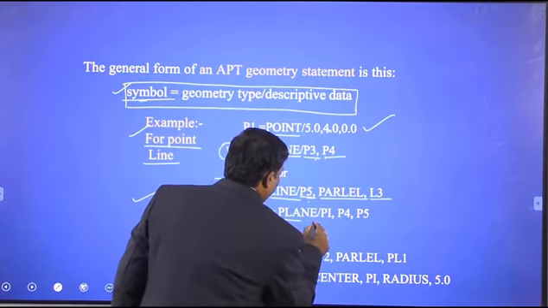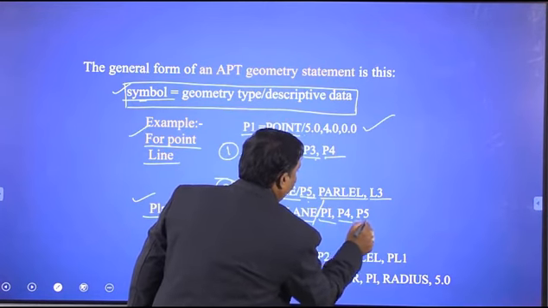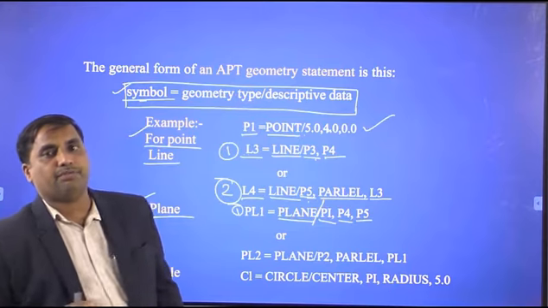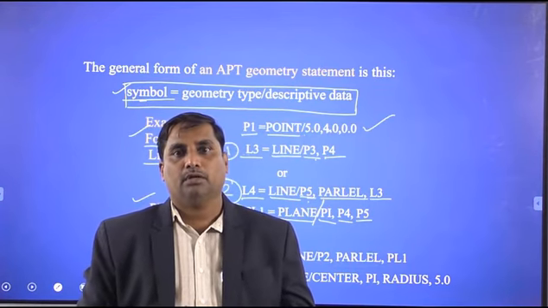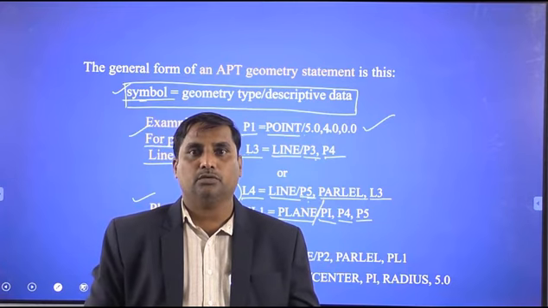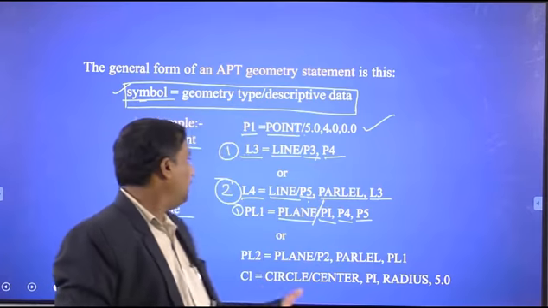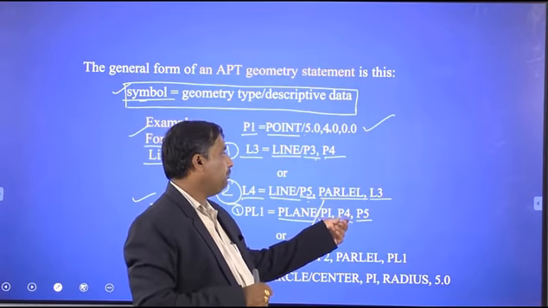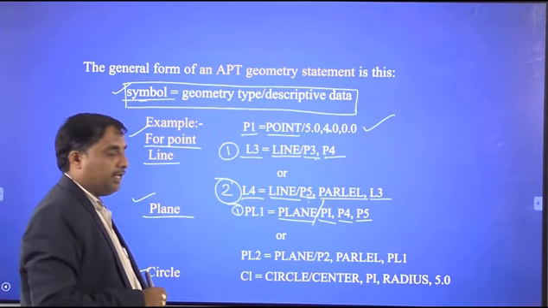Geometry type is plane / passing through P1, P4, P5. That means we require three points for a plane. If we have three points, we can define a plane which contains those three points. Here the points I have considered are P1, P4 and P5. This is one way of defining plane 1.